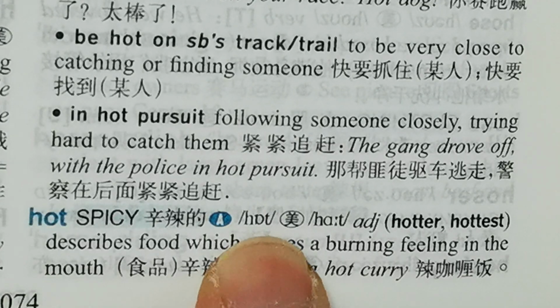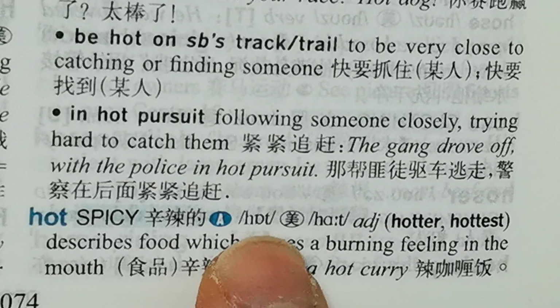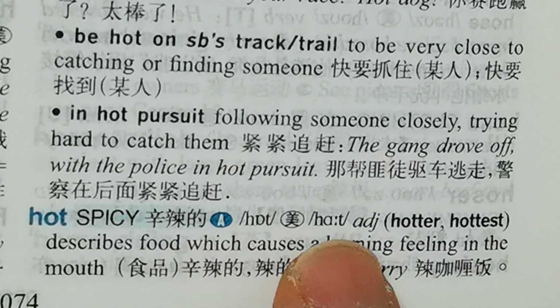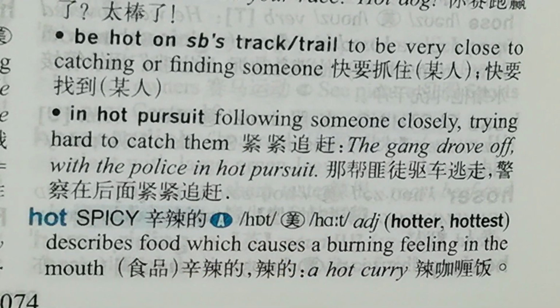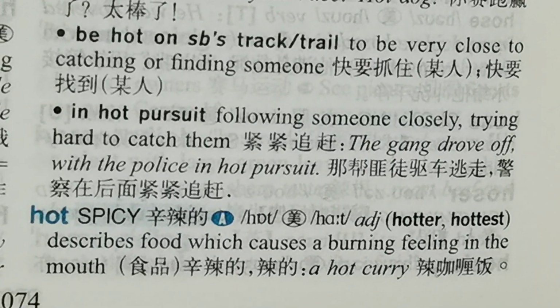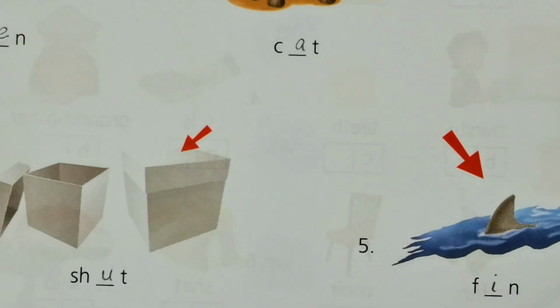So H, if you take a look, H-O-T, so the O is like the inverted A. So this is the UK English or the British English, and then this is the American English. So you can take a look in your dictionary, how it is pronounced for each word. So this is just for learning purpose.